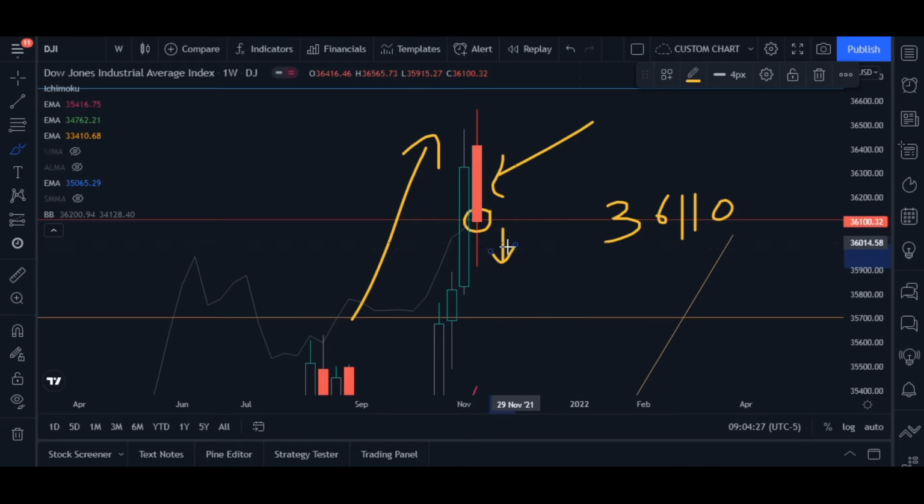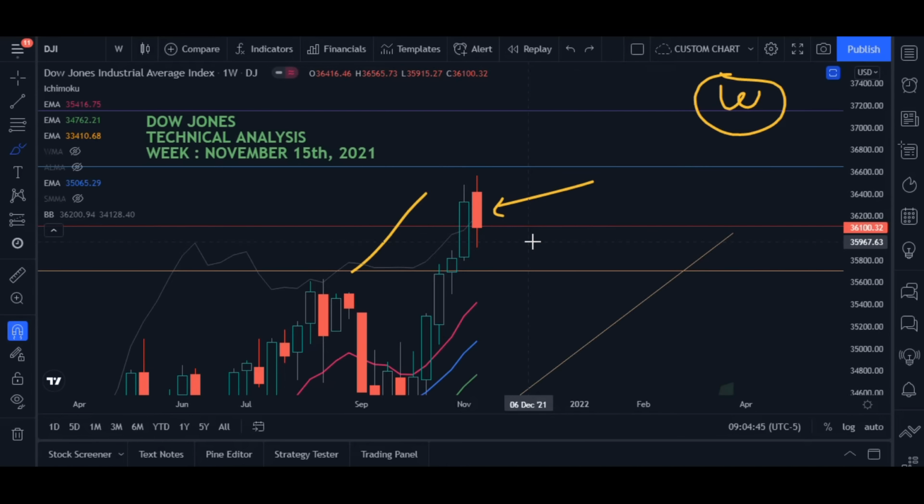But it will be more clear on the daily chart. When we analyze the daily chart, I will tell how it is going to work. As of now the market is on the margin line, and we are not sure what is going to happen. So we'll analyze the daily chart and accordingly we will plan.